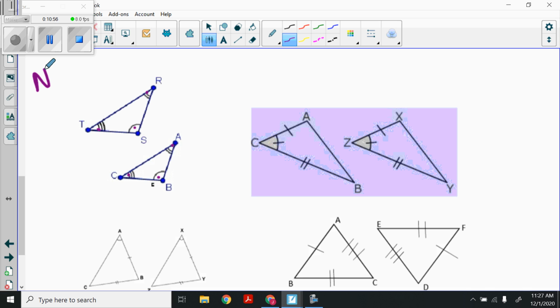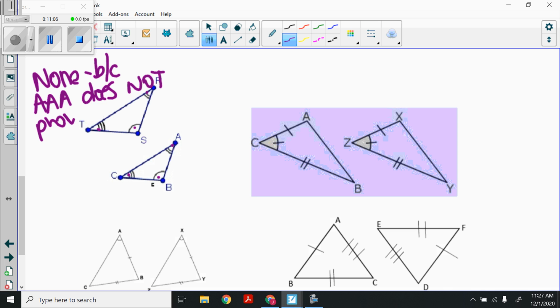So this is a none, because AAA is not one of my 5 properties. When I ask for the property, you don't write AAA. You write none because AAA is not one that's possible.